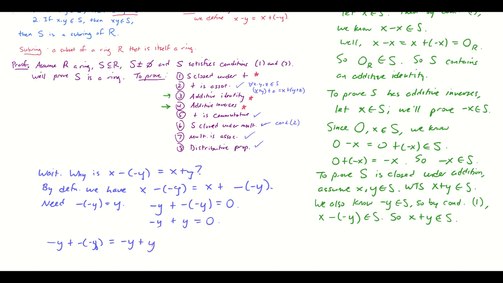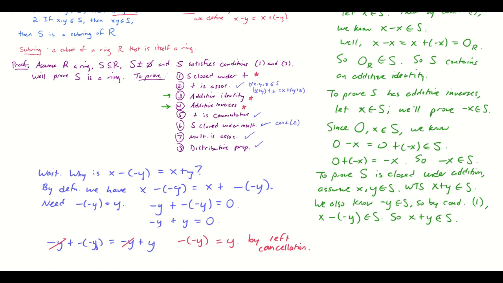But under addition, R is an abelian group. I can cancel things. Cancellation is something I can use in abelian groups. I can use it in any group. I can cancel on the left, and therefore get the opposite of the opposite of Y equals Y by left cancellation from groups. So here we're using a little property from group theory to help us with a ring theory proof.